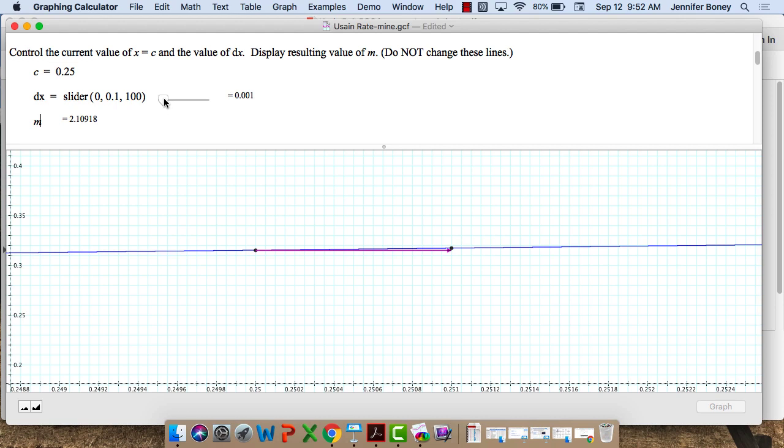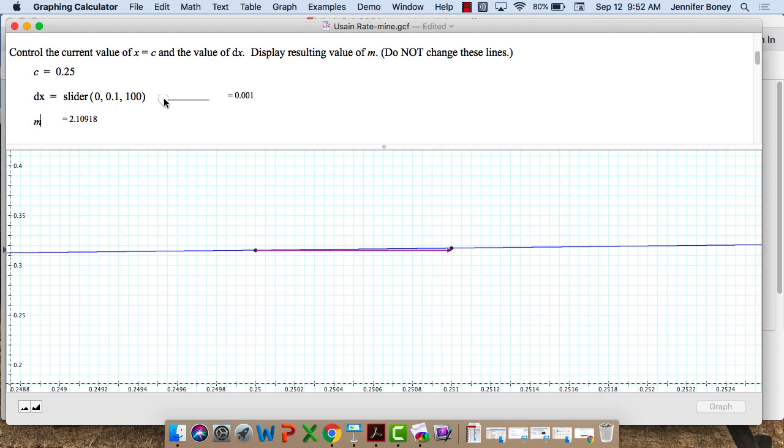When I'm near 0.25 seconds, a quarter of a second into the race, because of the computations we did to set this GC worksheet up to do computations for us repeatedly, so we don't have to keep pushing the same buttons, we have this m, the current rate of travel during this small interval. The moment I have set up is from about 0.2488 to 0.2525 over this whole screen width.